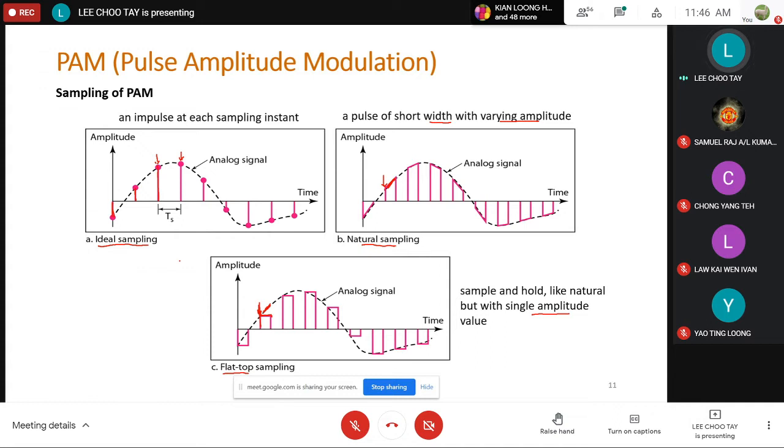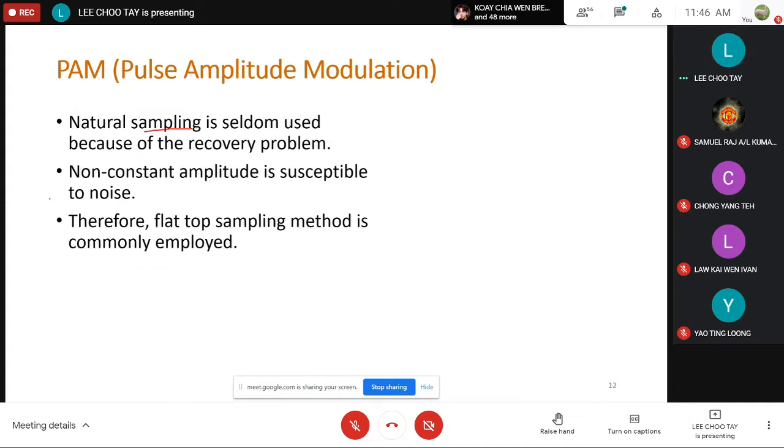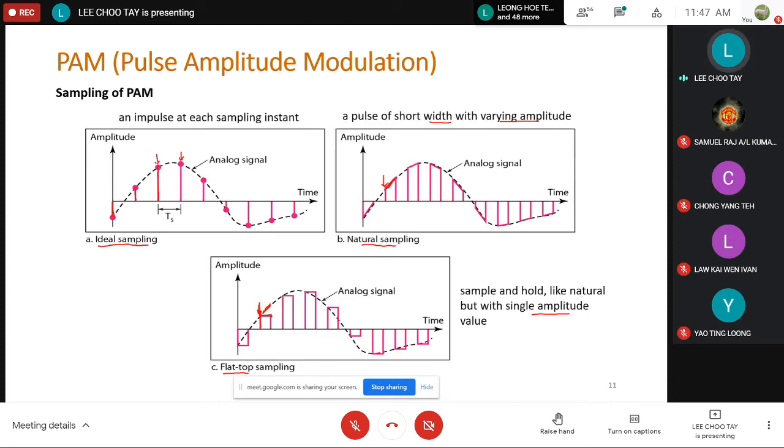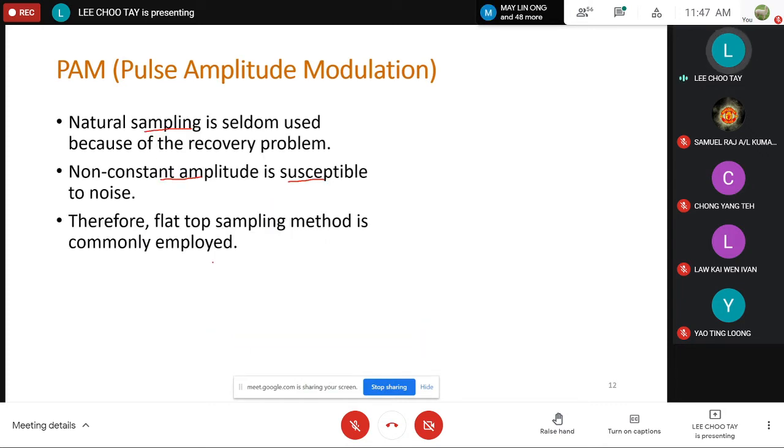Natural sampling, because the amplitude of the pulse actually changes, is again not a good choice because it's non-constant and therefore susceptible to noise. It's also not easy to reconstruct. So the third type, which is the more commonly used sampling method, is flat top.